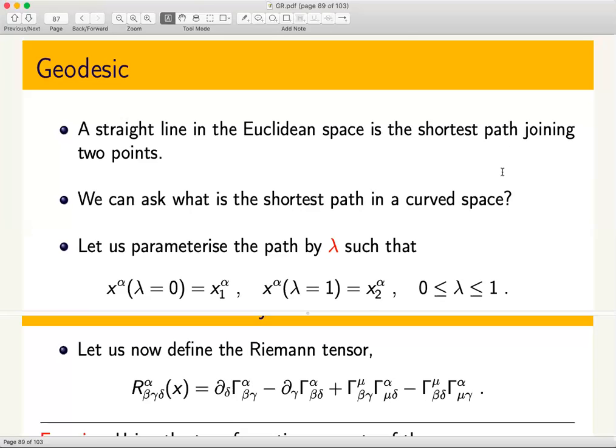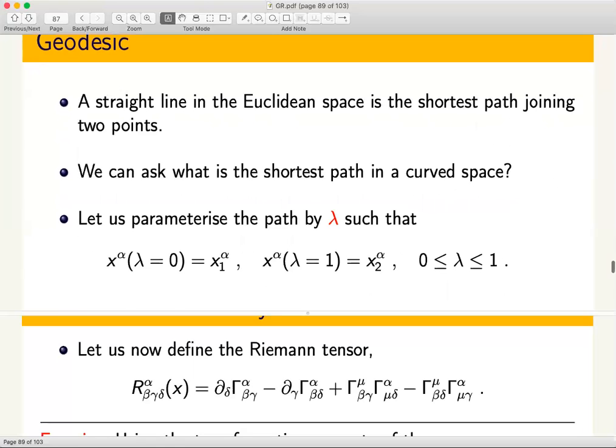But if you are looking at curved space, then that shortest path, at least prima facie, doesn't look like a straight line. So let us do the following thing. Suppose we have a curve which starts at point x1 alpha and ends at a point x2 alpha, and we parameterize that path by a parameter lambda.